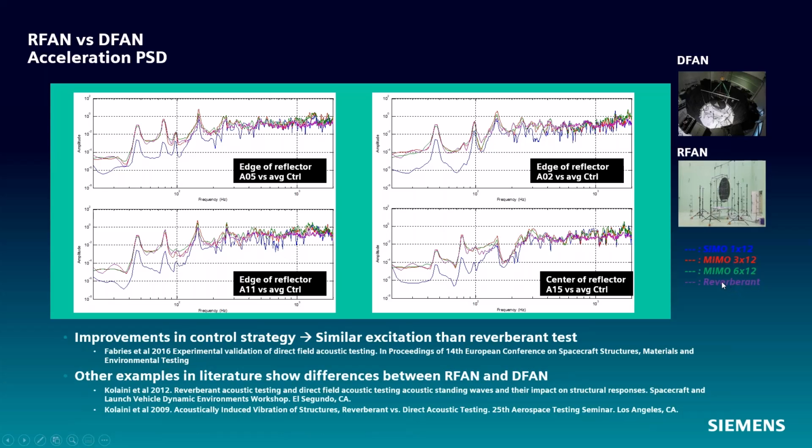Now, as the reverberant chamber is the traditional method, what we're trying to do with DFAN is match what the reverberant chamber is doing as much as possible. And you can see here the significant deviation in a SISO controller versus the MIMO control, which overlays pretty well with the reverberant chamber.